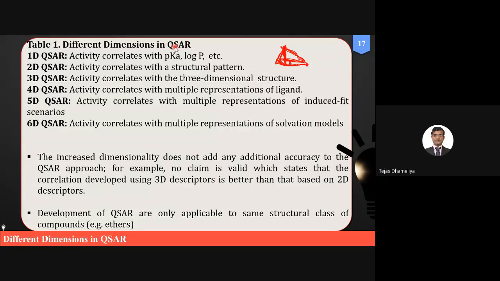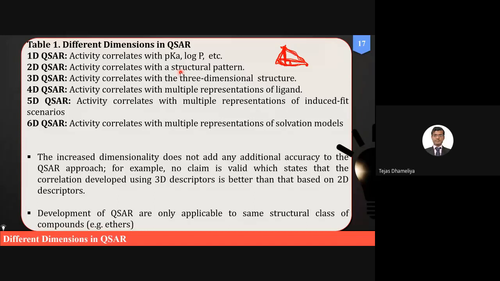So these are the general aspects, but in terms of QSAR, we can have 1D parameters, which are the simplest parameters, like pKa and logP. They are considered as 1D parameters. 2D parameters, we will also see their examples. 2D basically deals with the 2D structure of a molecule.